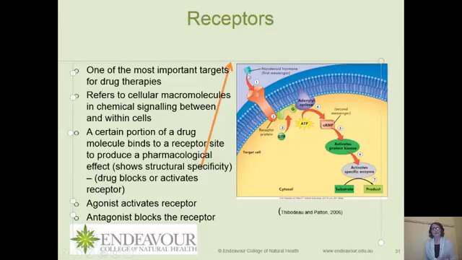That chemical does not actually enter the cell, that normal endogenous hormone. It just merely binds to a particular site on a cell membrane protein. So now we have a drug that shows some sort of structural specificity. It may not be the same chemical class as your endogenous substance, but there's some shape that enables it to also bind to that receptor or a related site.